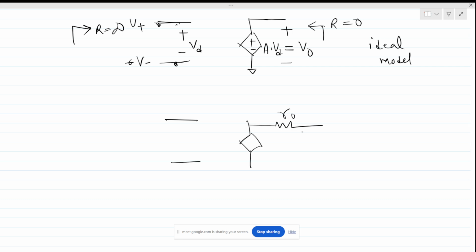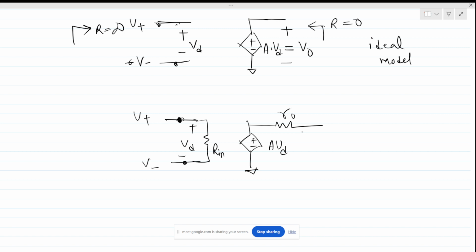So this is the output impedance of this op amp. Draw an Rin across the VD. Rin is generally very high.